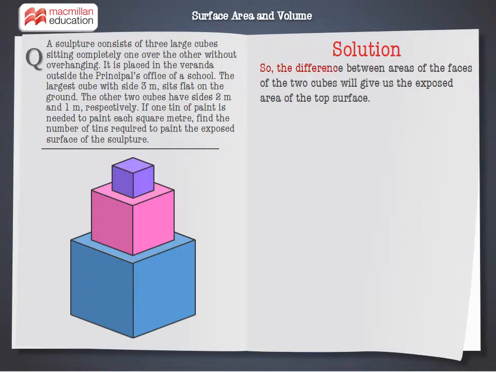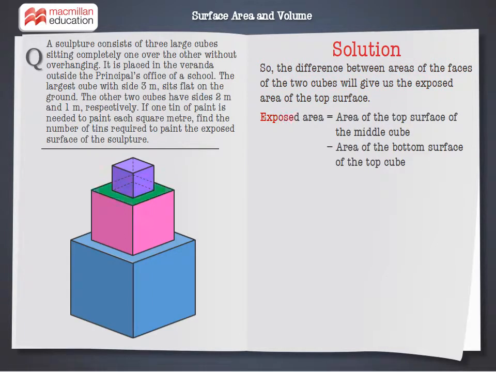So, the difference between areas of the faces of the two cubes will give us the exposed area of the top surface. The exposed area is equal to area of the top surface of the middle cube minus area of the bottom surface of the top cube, which is equal to 4 minus 1, giving us 3 meters squared.